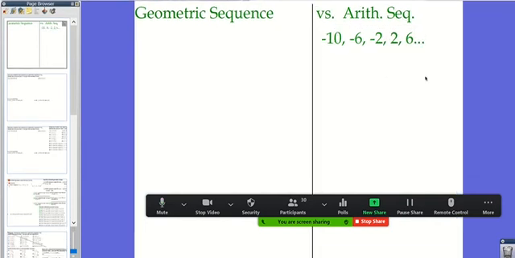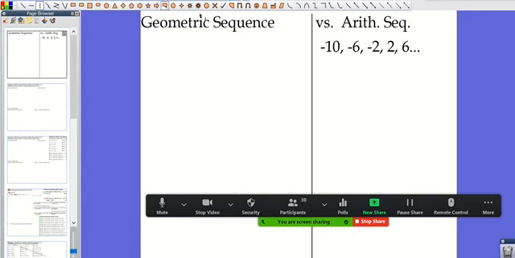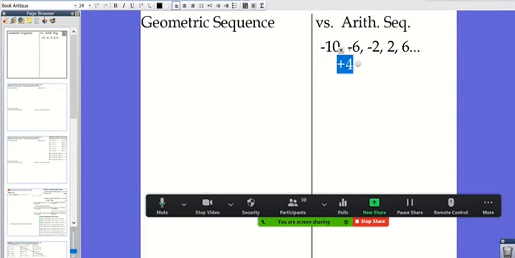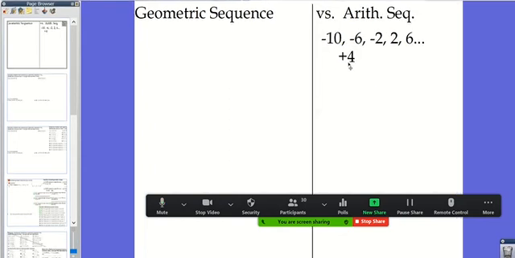Remember, in that case, D, you're adding 4 in each case. You're adding 4 and doing so repeatedly.